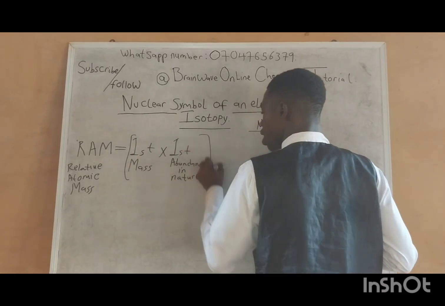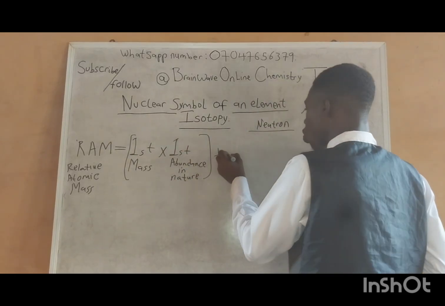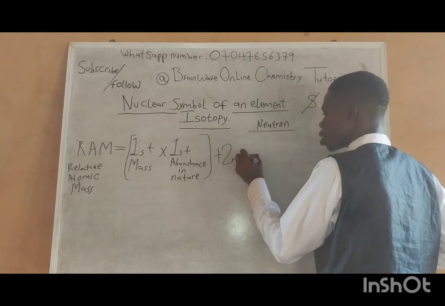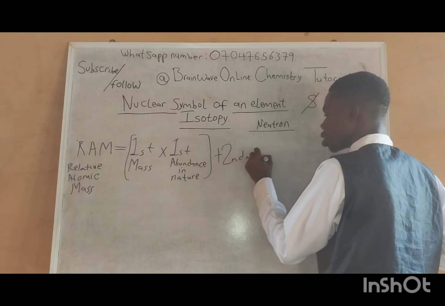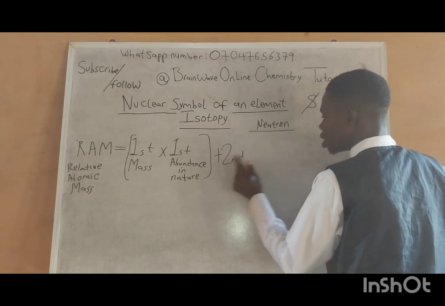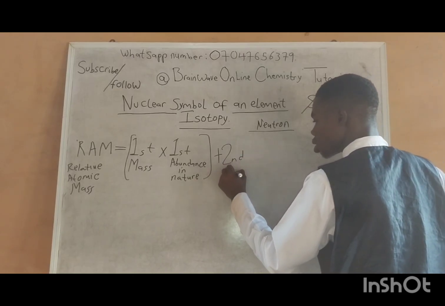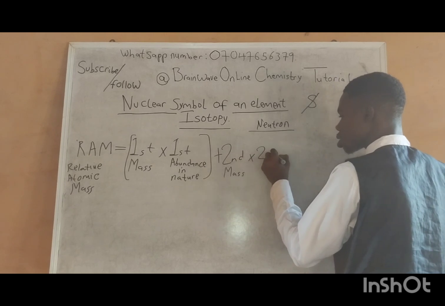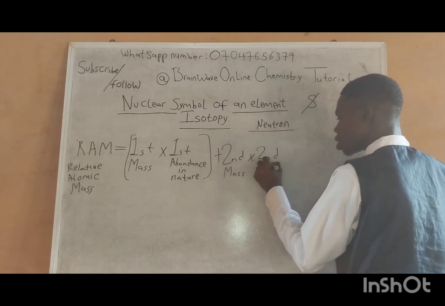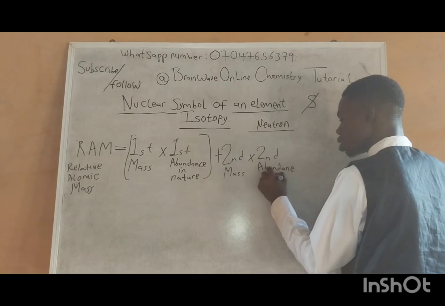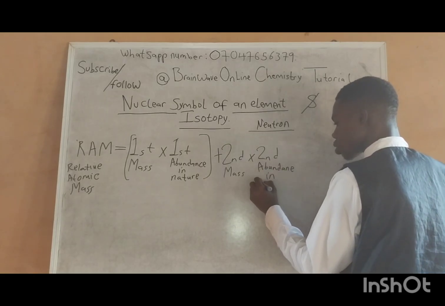Please take note of this formula, plus second mass. Okay, let me put it down. Second mass times second abundance in nature.